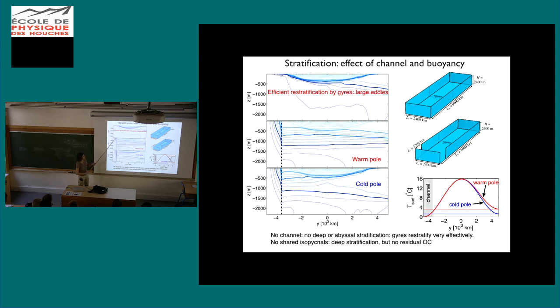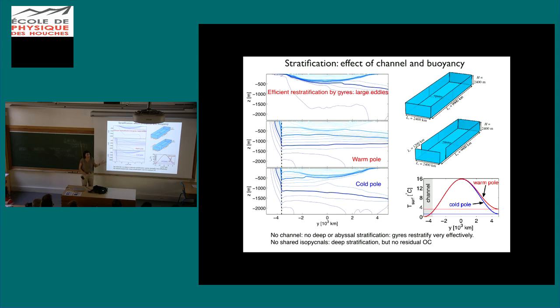But here's the stratification. You remove the periodic channel, you close it up. This is what you get in the deep, mid-depth, and abyss. Nothing. I told you why: the Ekman transport in the periodic region is returned at the bottom, so it tends to overturn those isopycnals very well.